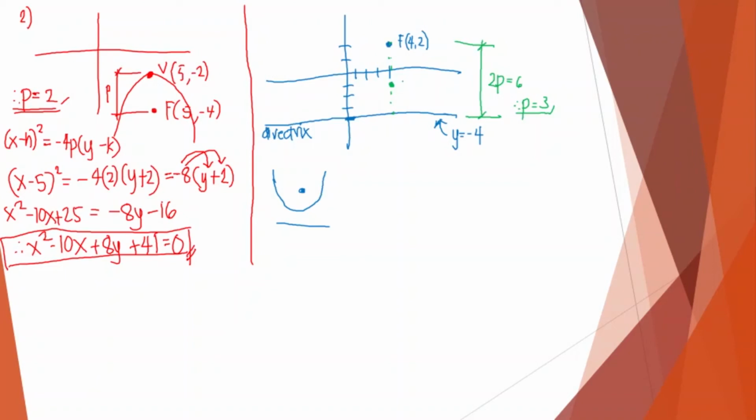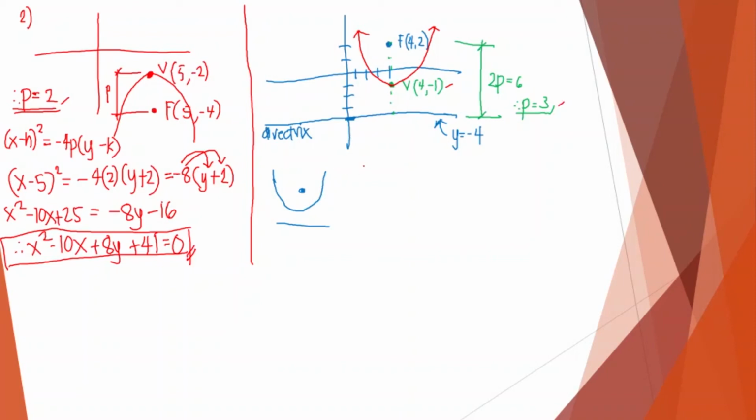So our vertex is (4, -1). Now say this is the graph for our parabola. We have the vertex already, and we also have the p value.